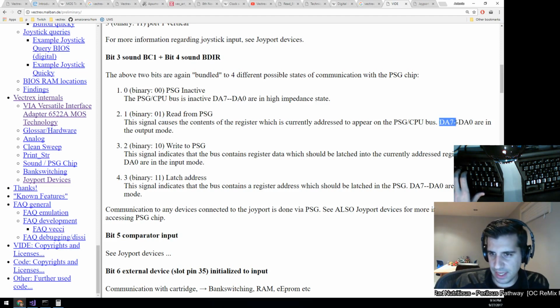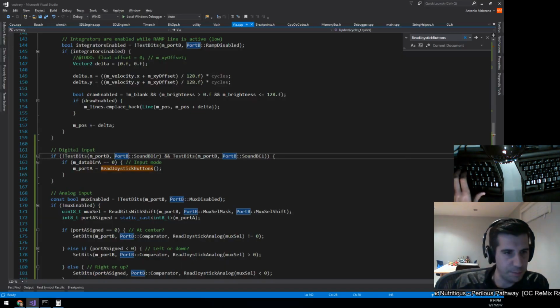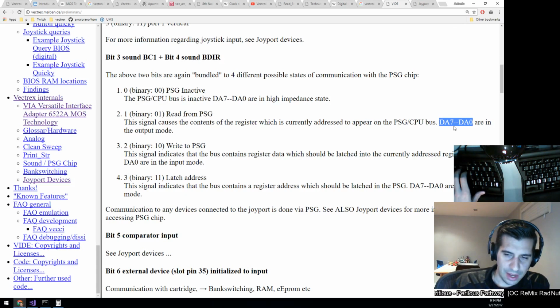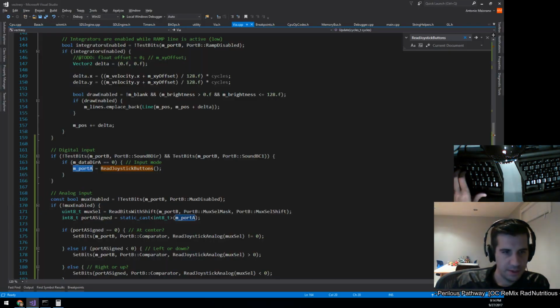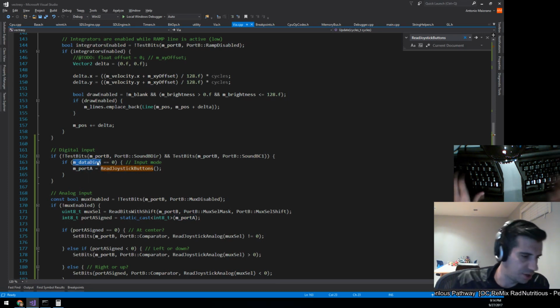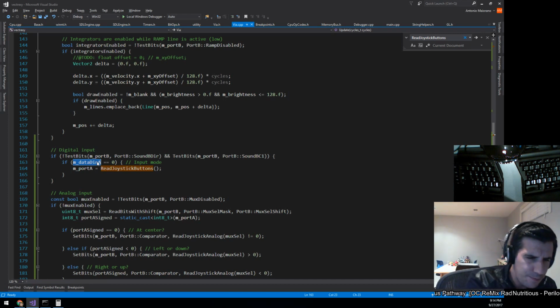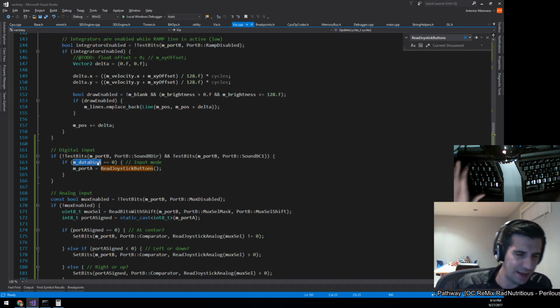So I think here DA7 to DA0, that's port A, right? And I believe what we're reading here is these are in output mode, and the contents of the register, which is currently addressed, which I believe is what is in the data direction. I don't know. I'm not sure.